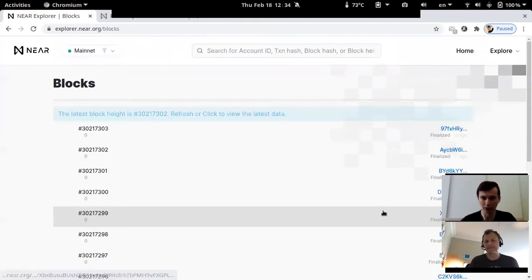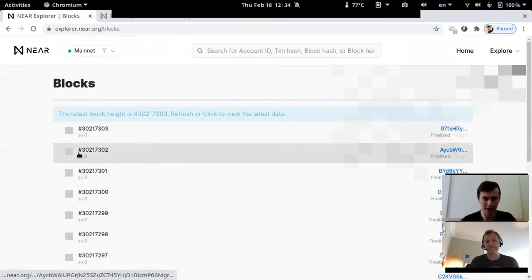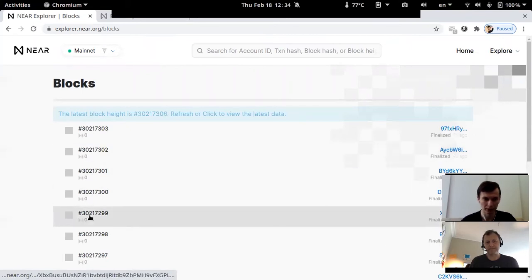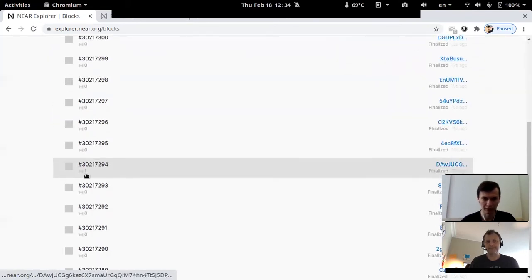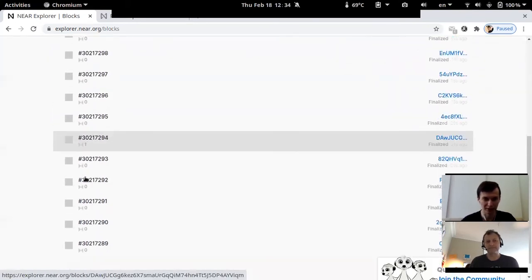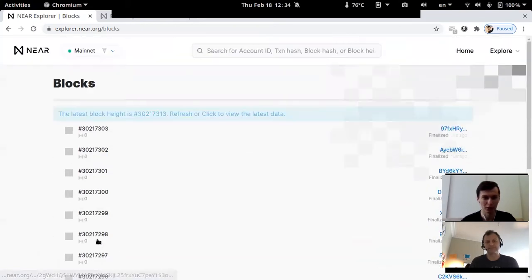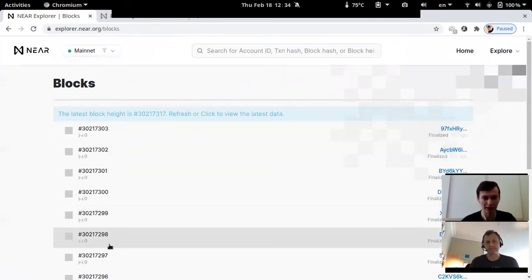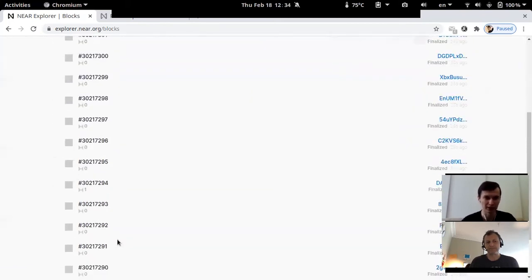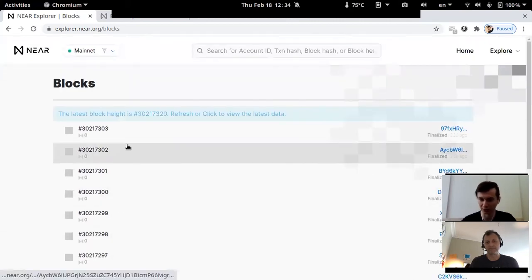If we open the blocks, you can see the number of transactions in a block. Rarely you can see one transaction, sometimes two. In my experience, on mainnet, I only observed 10 transactions in a single block.